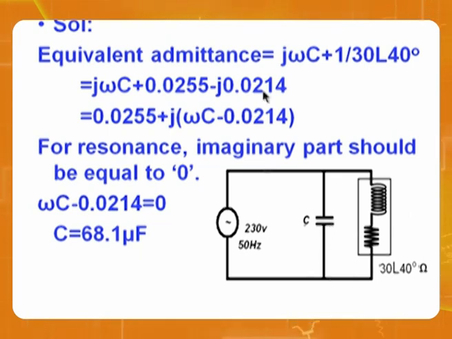If I take admittance, j omega C plus 1 by j omega L, 1 by 30 into 40. Now you convert this, and j omega C here. This one is already a real value, this is an imaginary value. Now what to do? Put the j term 0. That means omega C minus 0.241. If you calculate this, you will get C as 68.1 micro.